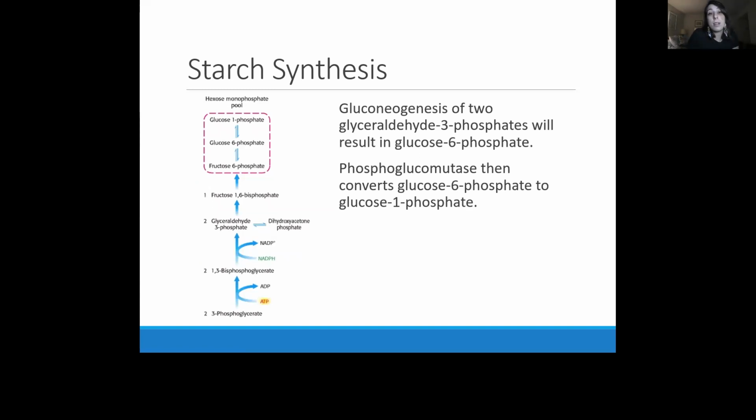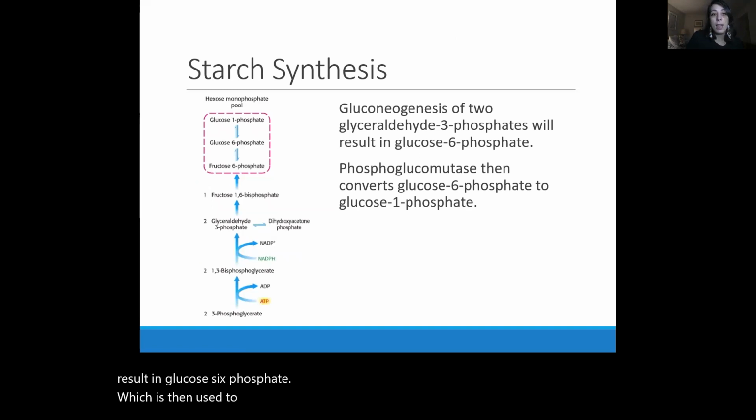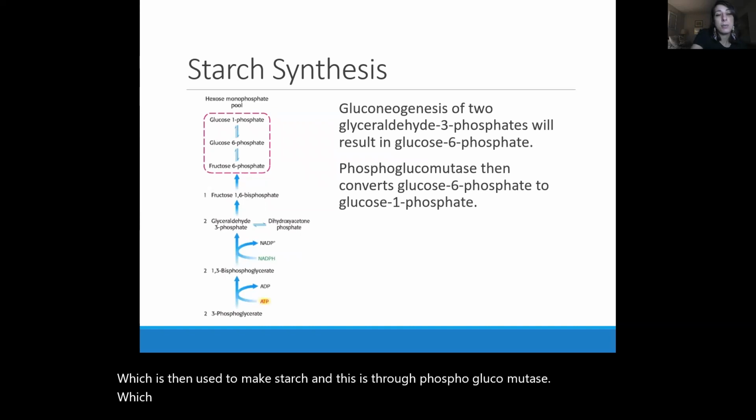So gluconeogenesis of 2 of the glyceraldehyde 3 phosphates ultimately can, of course, result in glucose 6 phosphate, which is then used to make starch. And this is through phosphoglucomutase, which converts glucose 6 phosphate into glucose 1 phosphate, ultimately, which can then be used to build our starch molecules.